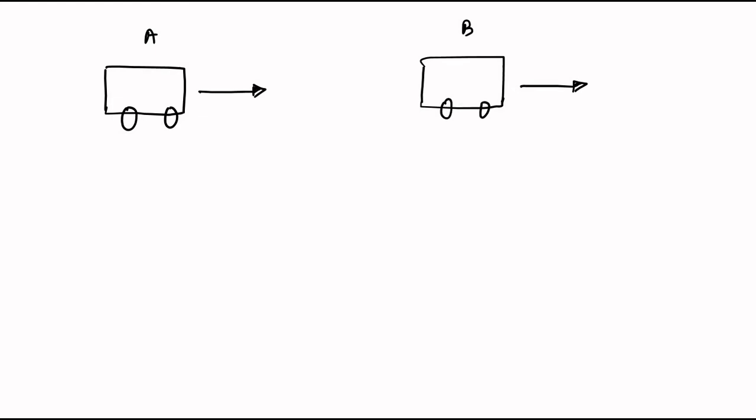It means both of the velocities are positive, that is plus VA and plus VB.